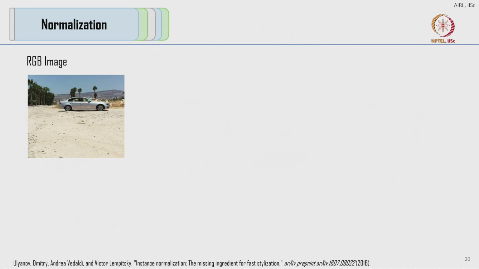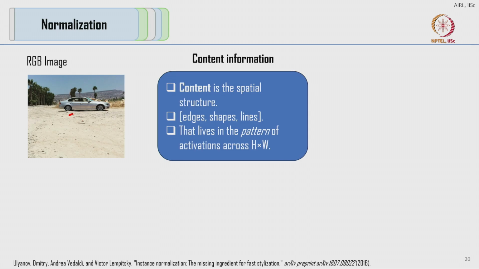Now let us also take a different look into what it means when we talk about information in an image. If we look at an image here, we can see that there is the car, and the car would have particular features. It would have shape, texture, and certain semantic information. Now when we look at the content, information is generally the spatial information.